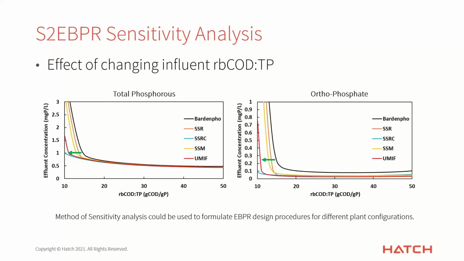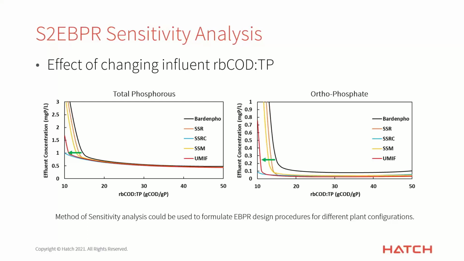And here I evaluated the same thing I just showed, just seeing how changing the influent readily biodegradable COD to total phosphorus ratio affects the effluent phosphorus concentrations for the different side stream configurations and the Bardenpho process. So we have the total phosphorus graph there on the left and the orthophosphorus graph on the right.